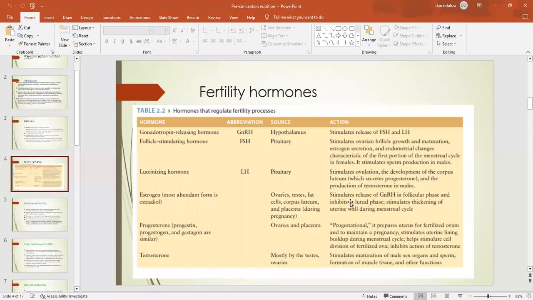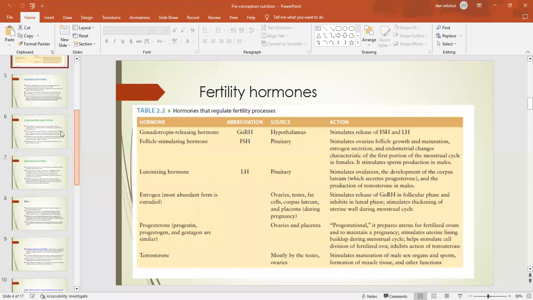So if it is inhibiting the luteal phase, the luteinizing hormone that promotes the luteal phase, the period when ovulation should occur, then if there are excess amounts of estrogen, the luteal phase will not occur, meaning that there will be no release of the egg for fertilization. Menstrual cycles without ovulation result in infertility.